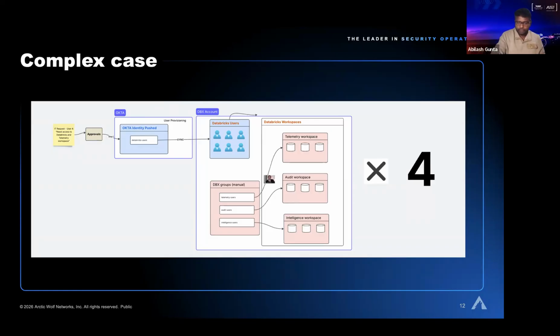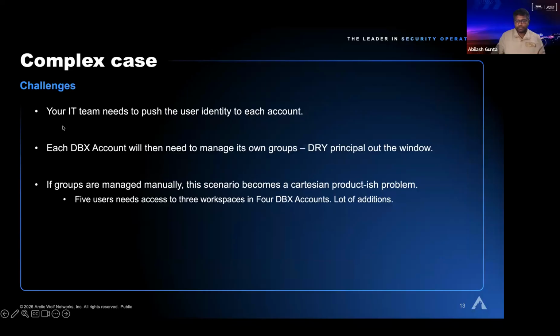That's easy. But the problem happens in the managing your internal groups area. Now you have to go into each account because remember, the groups are managed at an account level. And you have multiple accounts, you have to go to each account, manage the group, modify the group, add the user, all of that.